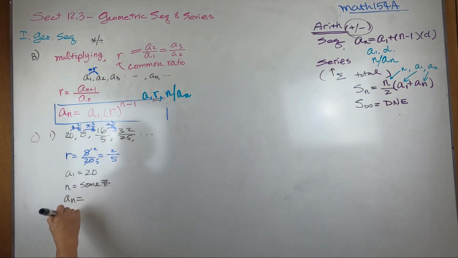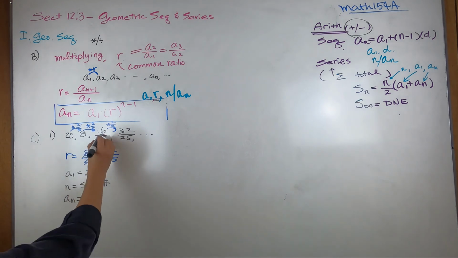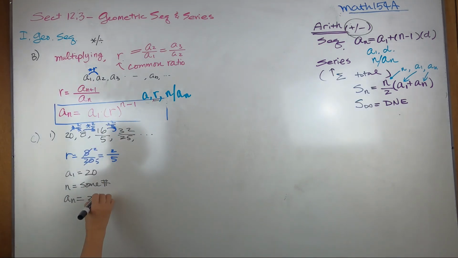An is our general term we want to find, where n is some kind of number. So we just plug in A1, 20, times R, which is 2/5, to the power of n minus 1.